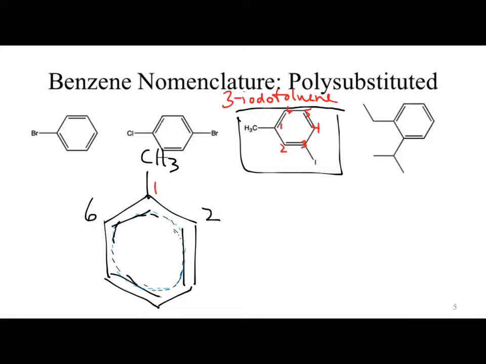So between 2 and 6, is there a difference? No. Okay, well, being a chemist, I think numbers are stupid. So I don't want to refer to it as position 2 and position 6. So I'm going to say those positions are named ortho. That's just what I decided.